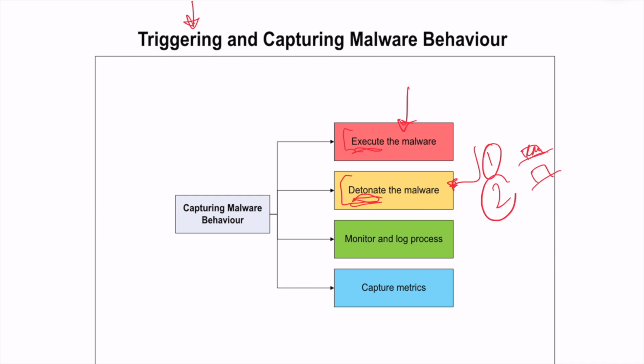So detonate means that the payload is triggered in the sandboxed environment. Then researchers and vendors will do this to identify a particular payload, see if this payload contains malware, and then try and learn more from the actual payload.